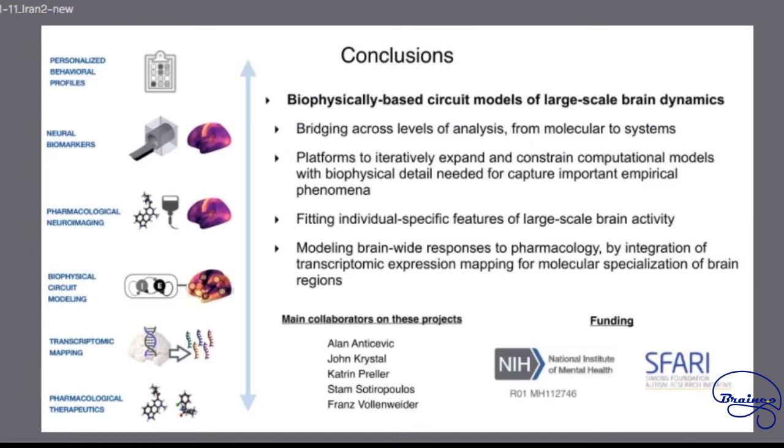We think this is going to be useful for fitting at the individual level. And that's important because, when you're looking at disease, at psychiatric disorder, we see a lot of heterogeneity, right? And this is one of the big challenges in psychiatry: how can we parse the heterogeneity? Within a disorder like schizophrenia or depression, you can have a lot of symptom variation, even though patients have the same diagnosis.